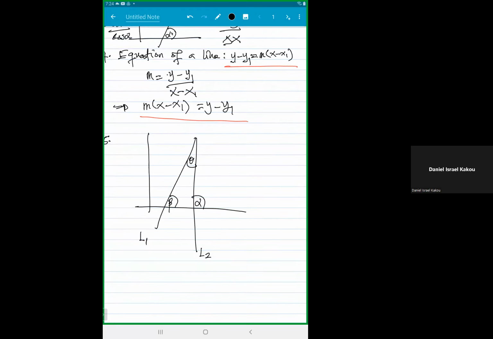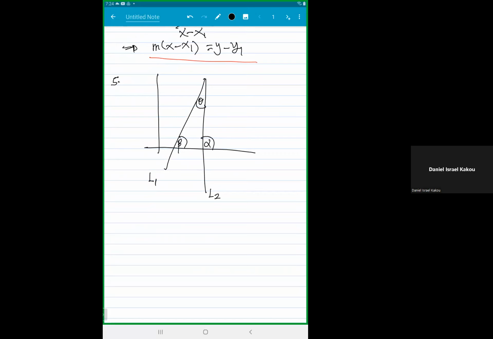So for us to be able to find the angle between two lines, which is theta, we can borrow the idea of knowing the gradient of the two lines here. The gradient of line L1, which I'm going to call M1, is going to be tan of the angle it makes with the x-axis, and that is beta.